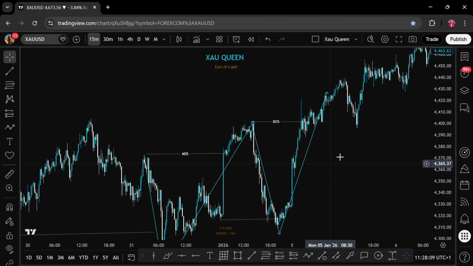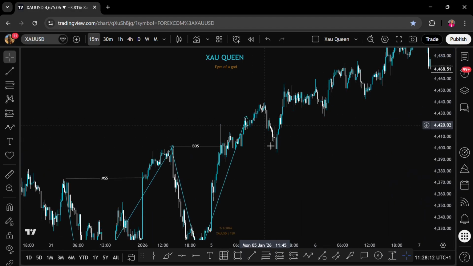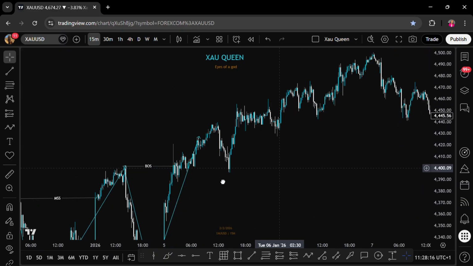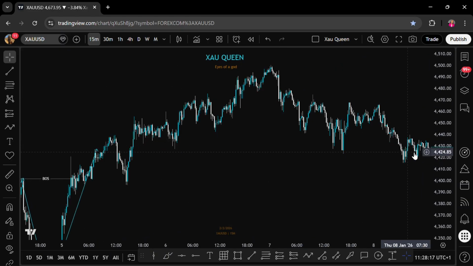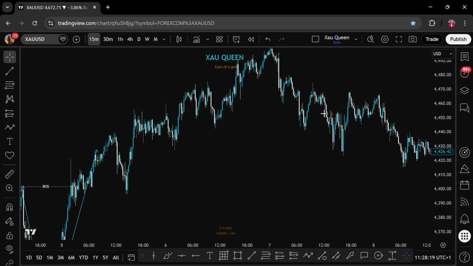Now, once this structure is broken, at any other pullback, you can join the buy and ride it to wherever your target is. Do you get? But just notice that once the market is exhausted again, see here again, it gave an MSS and then started printing lower highs. That is just how the market works. Make sure your valid break of structure is with a body close.